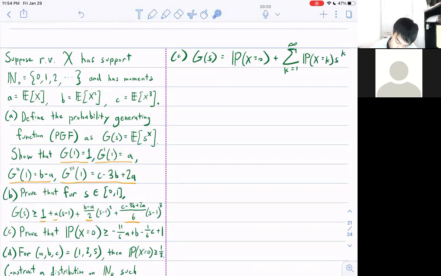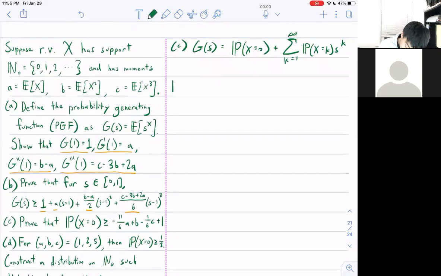So if I plug in s equal to 0, then all the terms in the summation are annihilated because you have a bunch of things times 0. That means the only thing that remains is the probability that X equals 0, which can be given by simply evaluating your probability generating function at 0.